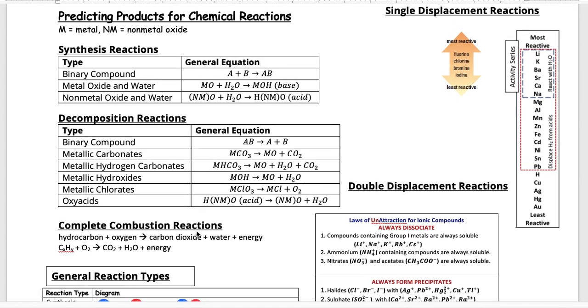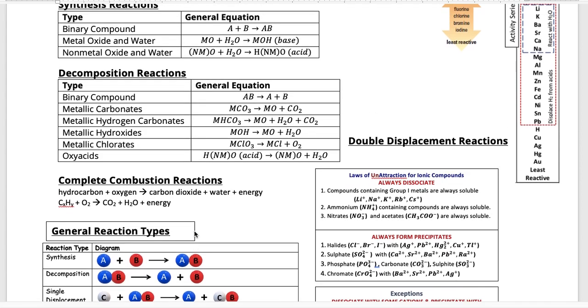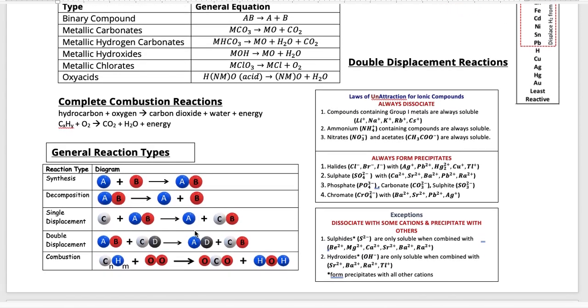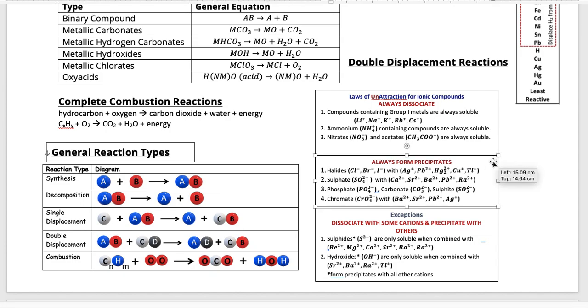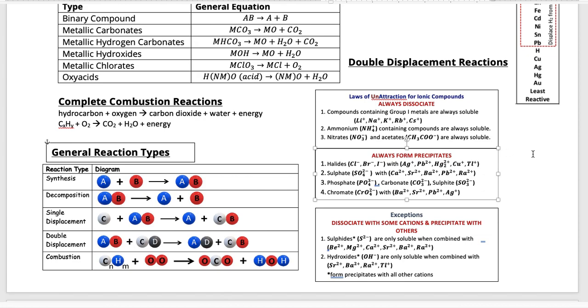All right, from there, we looked at double displacement, I believe, next. So you're going to use these tables here, these boxes, in order to figure out, with double displacement, you always had a compound and a compound, and they swap places, right?